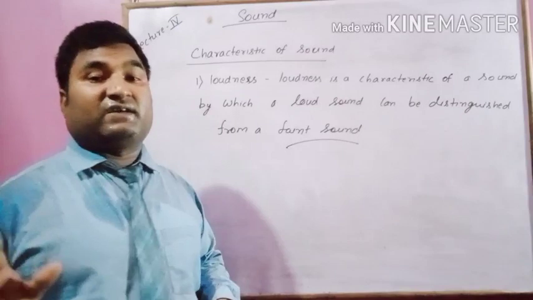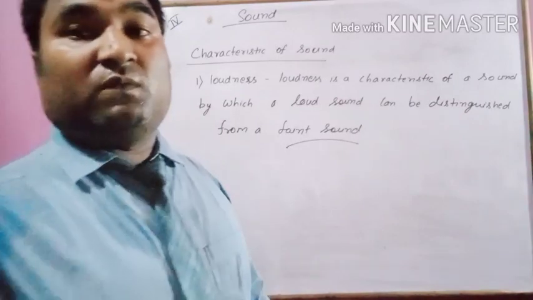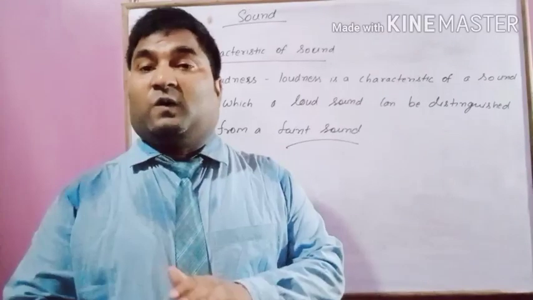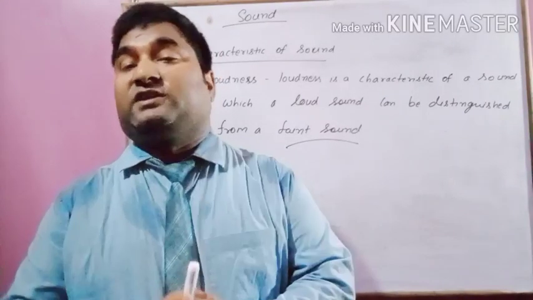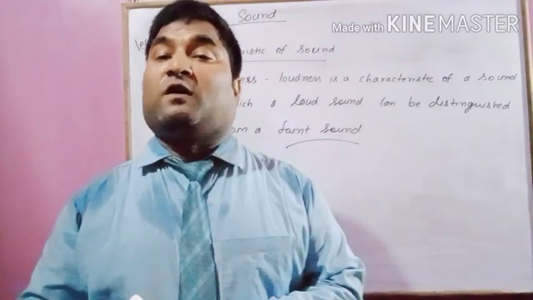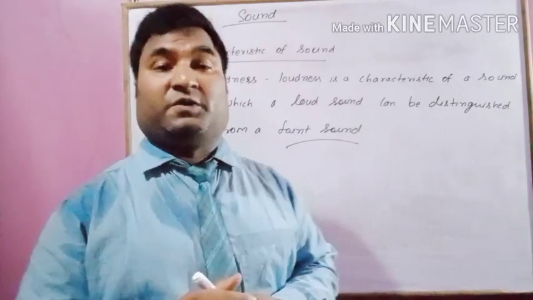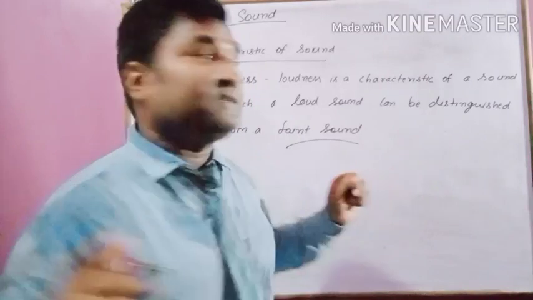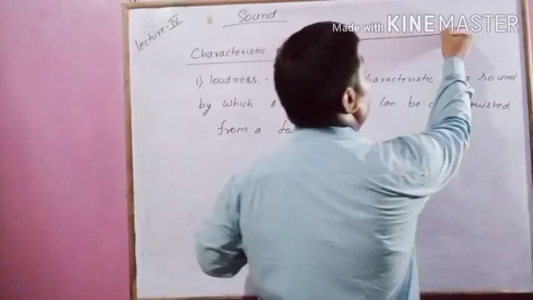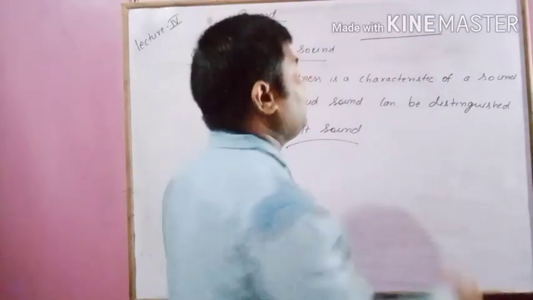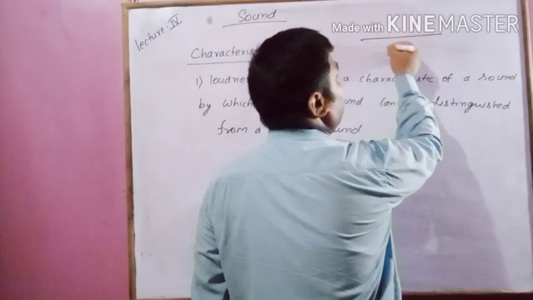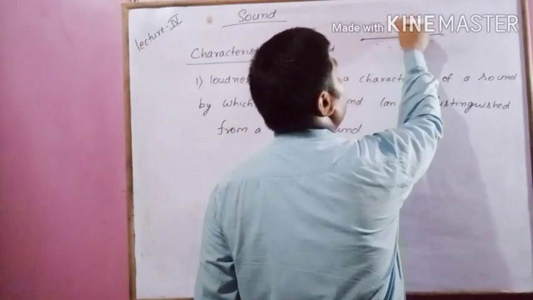We will first see that loudness of the sound depends upon the amplitude of vibration. You remember, last class we discussed, if you place a stretched string and flick it, it will start vibrating like this.